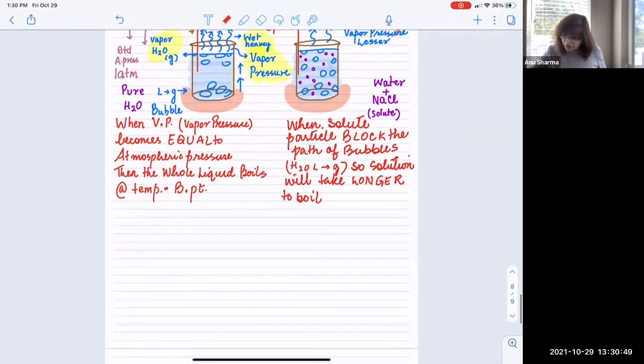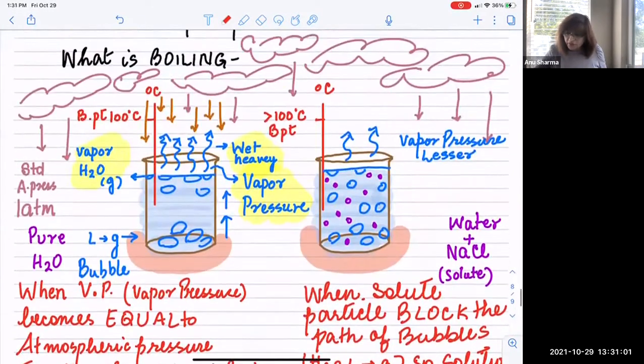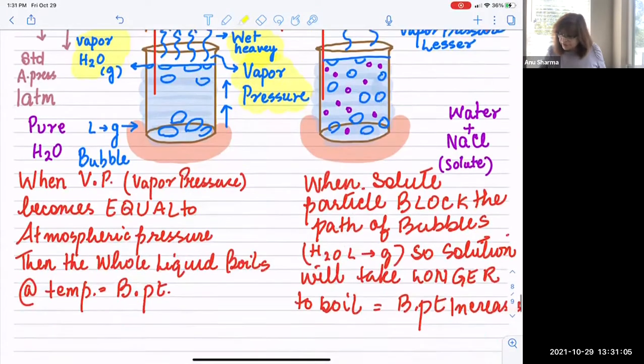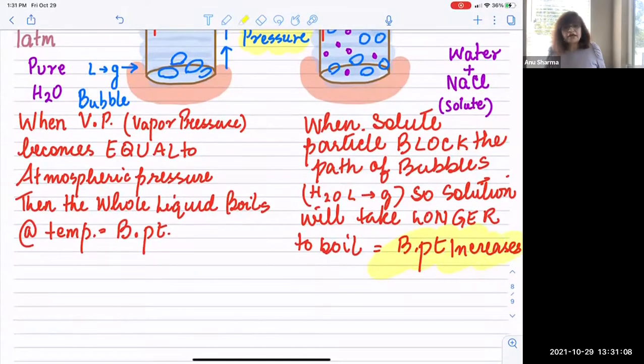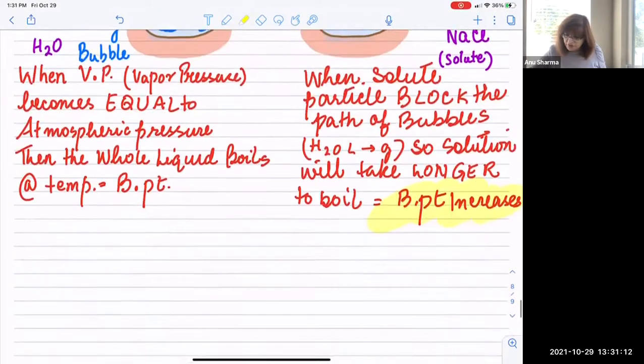When they take longer to boil, it means that the boiling point will increase. Boiling point increases means that it's going to take more than 100 degrees temperature to boil, because the vapor pressure has lowered.